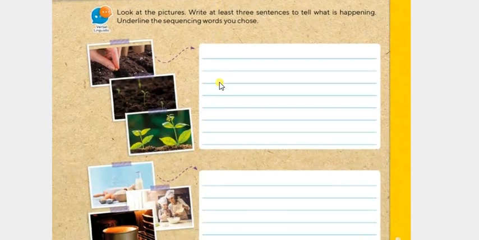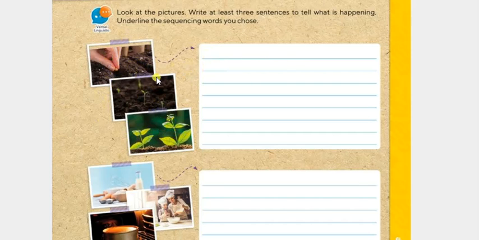Then you have the second exercise. Look at the pictures. Write at least 3 sentences to tell what is happening. Underline the sequencing words you chose. So these are 2 stories that you are going to tell according to the pictures. Look at the pictures, and then you have to write according to the events.